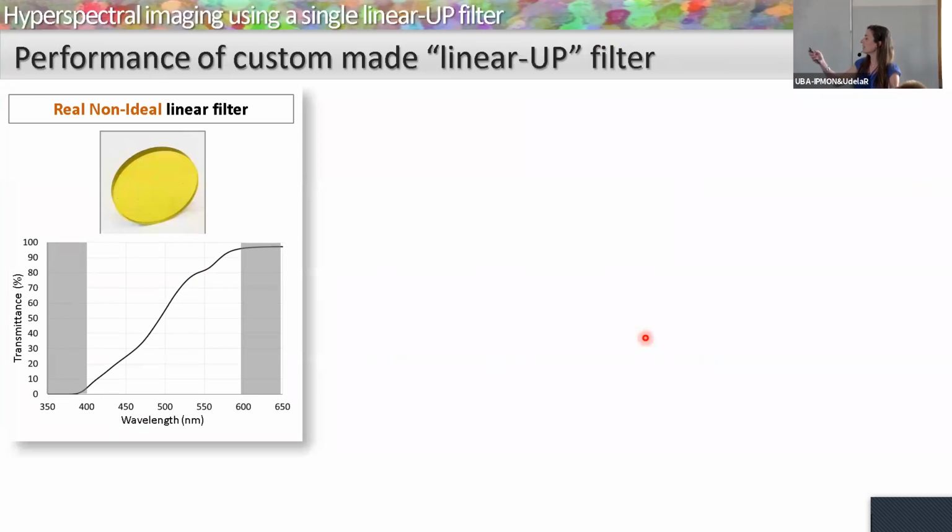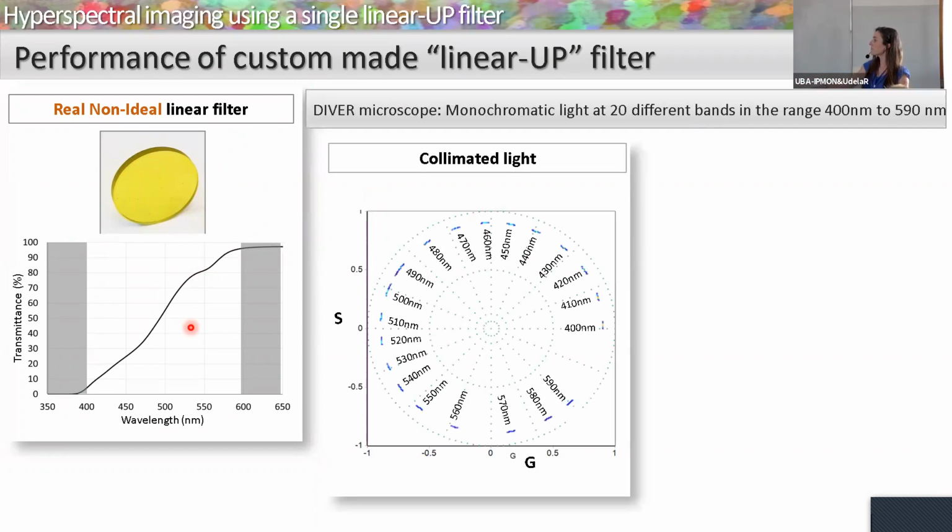Here we use our real linear up filter, which is not an ideal filter. As I said, it is dyes mixed in plastic, just the filter made by Sasha. We tested it in our diver microscope that you saw before. We tested it with monochromatic light at 20 different bands in the range of 400 to 590 nanometers.